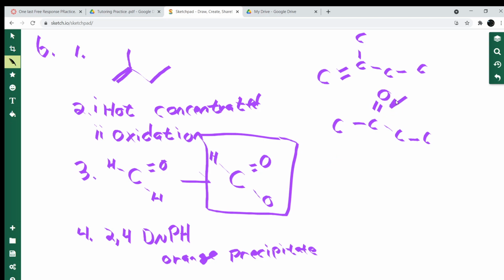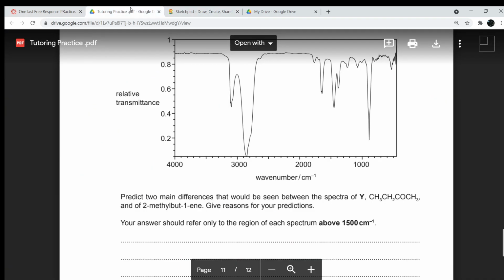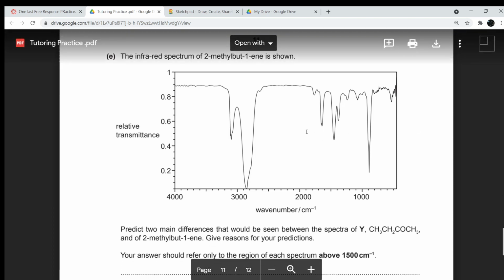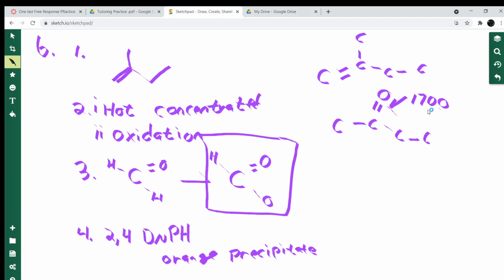We know that this is going to be about 1700. And if you don't know that, that's okay, because you're going to have a cheat sheet that tells you the relative infrared spectra for different compounds. So we know that a carbonyl, a carbon double bonded oxygen, is going to show up with a long line at 1700 centimeters. This one is not going to have that.